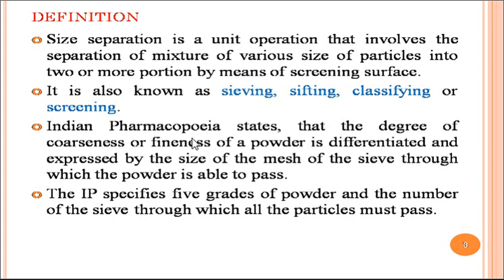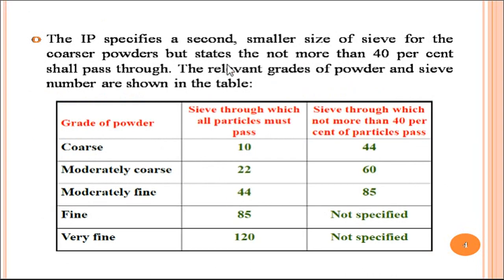It may be of millimeter size or micron size, and depending upon the aperture size, we get different grades of powder. When we have a heterogeneous mixture of powder materials, of large, medium or small size, IP has given specific grades of powder: coarse powder, then fine powder, very fine powder, and we can classify the powder according to that category.